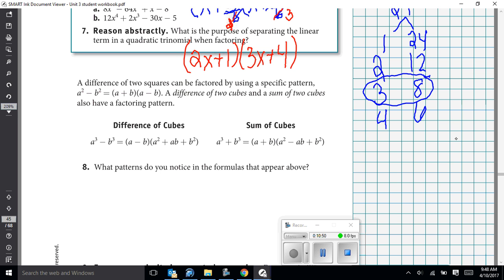And then the sum of two cubes, so when your first and second numbers are both cubes, then you're going to use this formula to solve. And so if you multiply this together, all of your middle terms cancel out. Same here. So if you multiply these together, everything cancels out except your a cube and b cube.